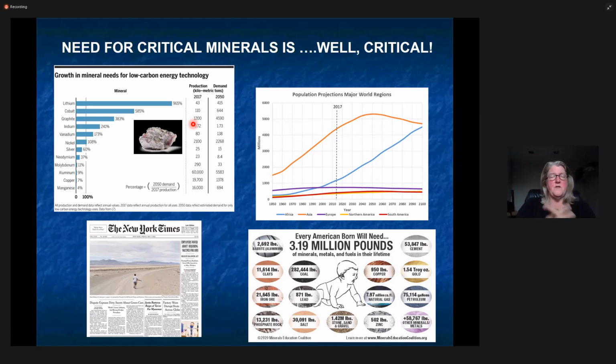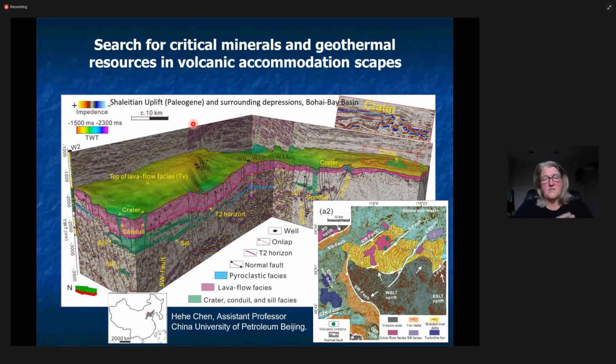Okay. And so we need to do a better job of beginning to look at critical minerals and also geothermal environments within the volcanic accommodation-scapes that we can map using our seismic data. This is an area where we need to step forward and train people in how to interpret craters and conduits and sills and volcanic deposits and their interaction with surrounding sedimentary rocks.